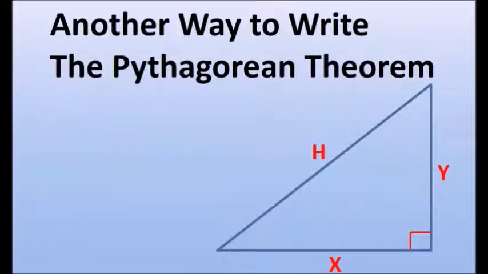Now, let's find another way to write the Pythagorean theorem. We start with our original equation, and then remember that the solution h to this equation is just the root of this square equation, or in other words, the square root of the value on the right-hand side. Just before, we took the square root of 25, which was 4 squared plus 3 squared.